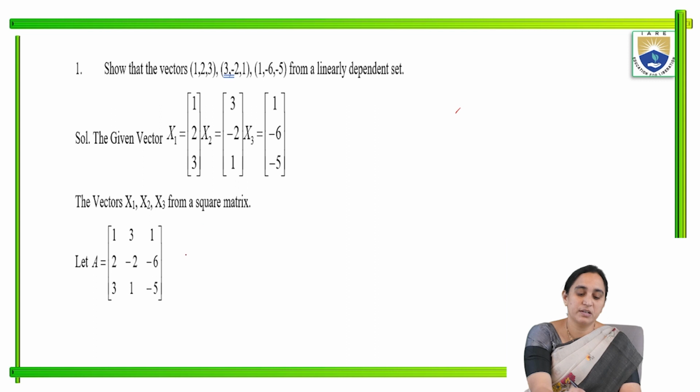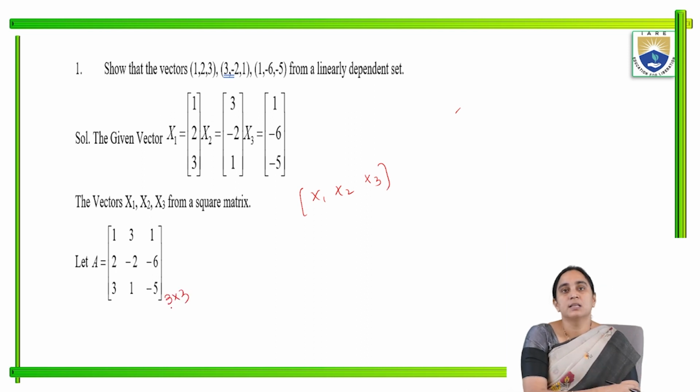This is a 3 by 3 matrix. The vectors x1, x2, x3 form one square matrix, and for that we have to find the determinant value.